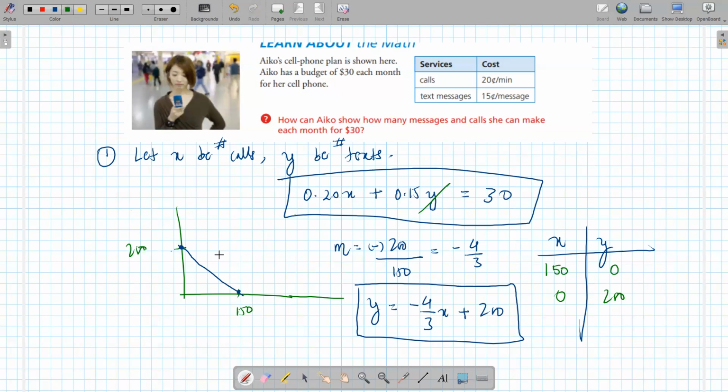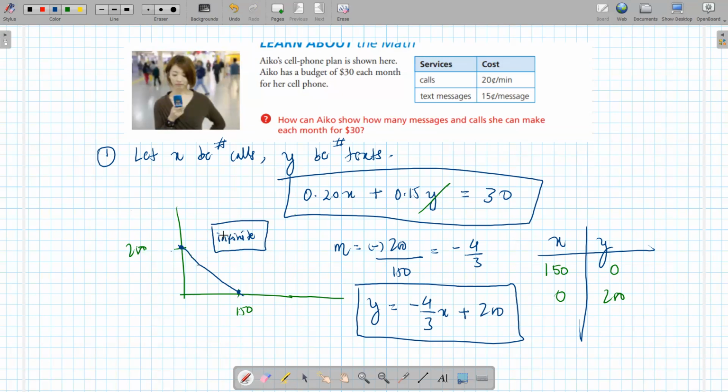Now, what does this mean? You see this line? How many points are there on this line? How many individual points are there? That's a trick question. The answer is infinite. There's an infinite number of points on this line.